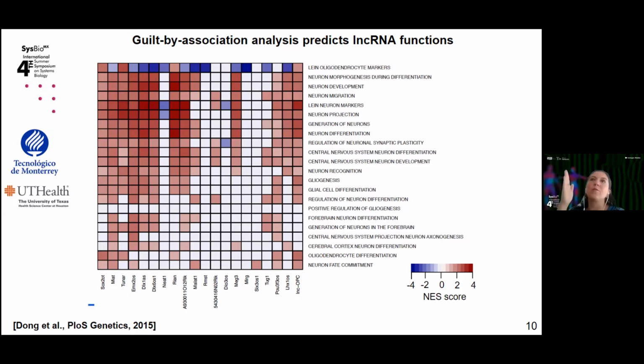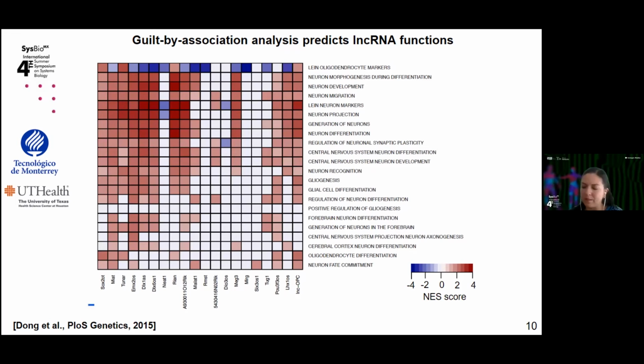And you need to make a correlation of the expression of that lncRNA to all the protein coding genes. And then you get the ones that are highly correlated, and then you assign a function to an lncRNA through the function of the highly correlated protein coding genes.